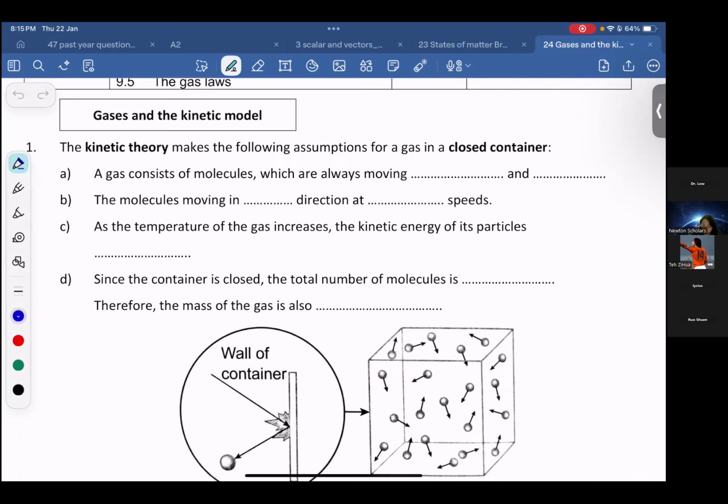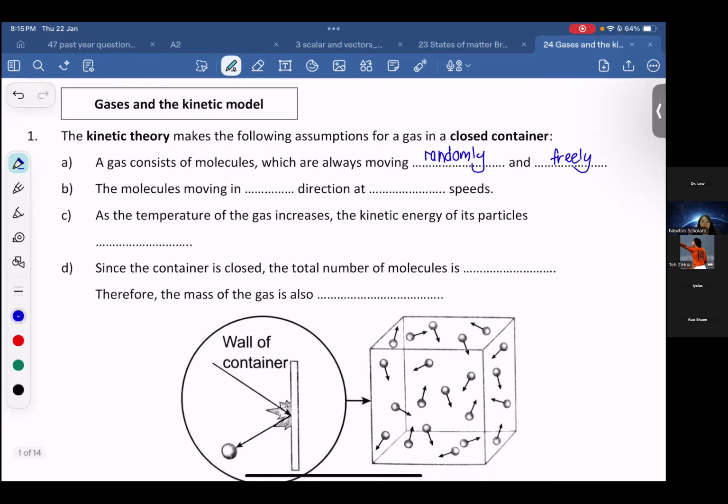They will always be moving randomly and freely inside the closed container. Is there any specific direction? No, the molecules move in all directions and at high speed.